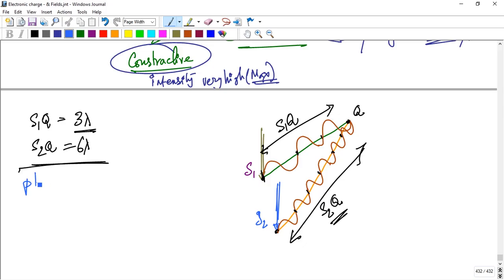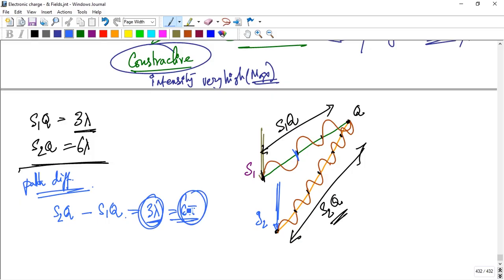So the path difference is S2Q minus S1Q, which is 6 minus 3, that is 3 lambda. One lambda corresponds to a phase of 2 pi, so 3 lambda is 6 pi. The path difference is 3 lambda and the phase difference, the angle difference, is 6 pi, which is an even multiple of pi.